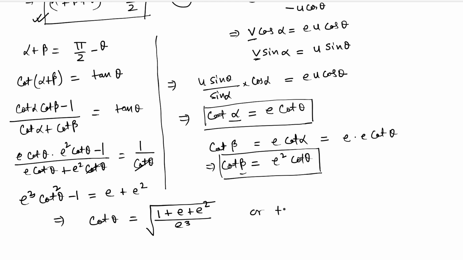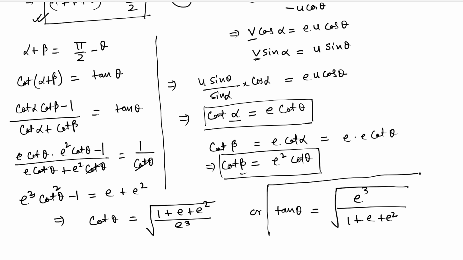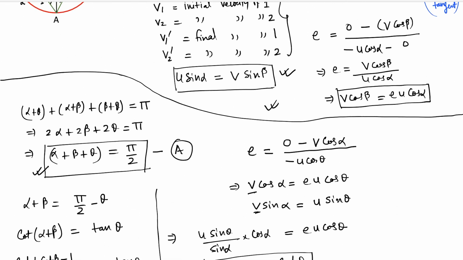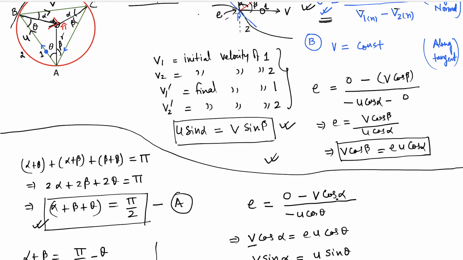Or you can write tan theta as E cubed by 1 plus E square. So that's the expression for theta. So for E, if we throw at this angle, then it will eventually come back to the same point. I hope this was clear.